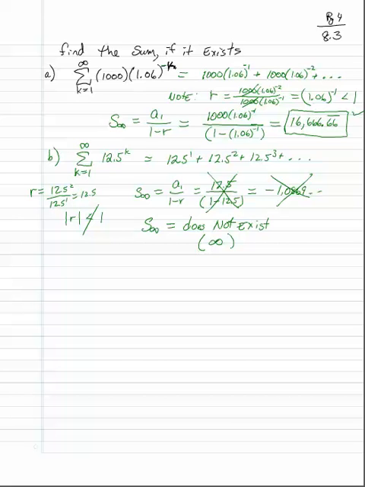Obviously the negative 1 point whatever wouldn't make sense because 12.5 is a positive number and the whole series is positive. 12.5 squared is 156, so right away you have 12.5 plus 156.25, which is 168.75, and it's just getting bigger and bigger and bigger, so there's no way it would be negative.